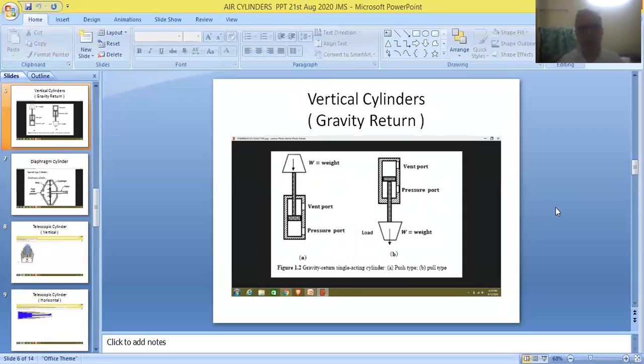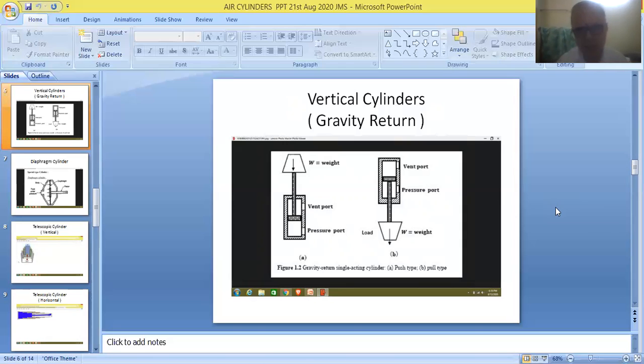And friends, here we can see the arrangement of cylinders placed in vertical position. This is one arrangement, and this is another arrangement. This is called a push type of cylinder, and this is referred to as a pull type of cylinder.